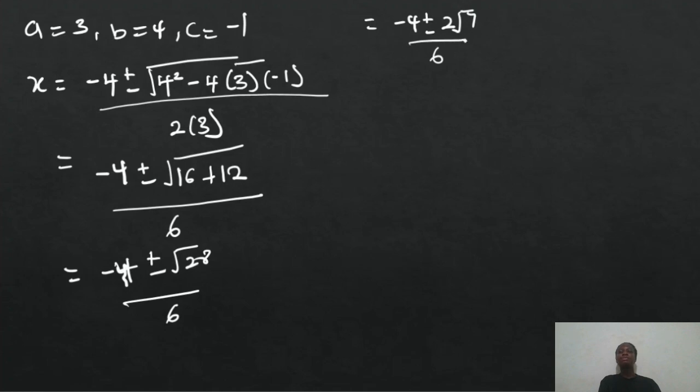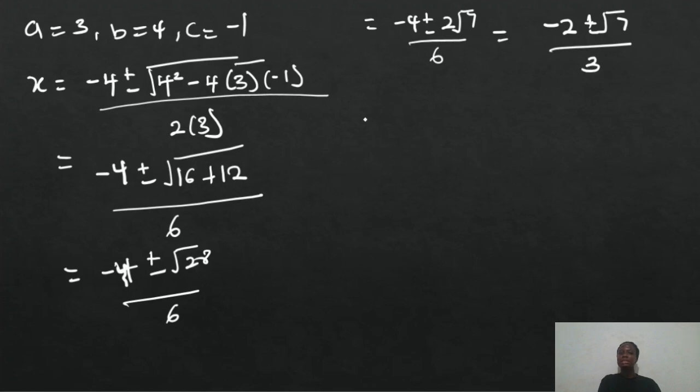So 2 can divide this. Since we are dividing by 2, we are supposed to divide each of the terms by 2. For -4 divided by 2, we get -2 plus or minus, now 2 will cancel out the 2, so root 7, all over 6 divided by 2, which is 3.